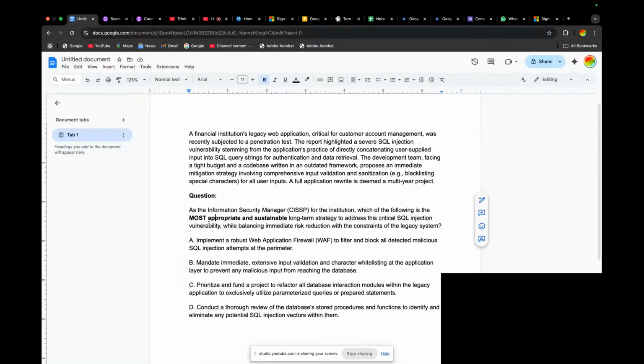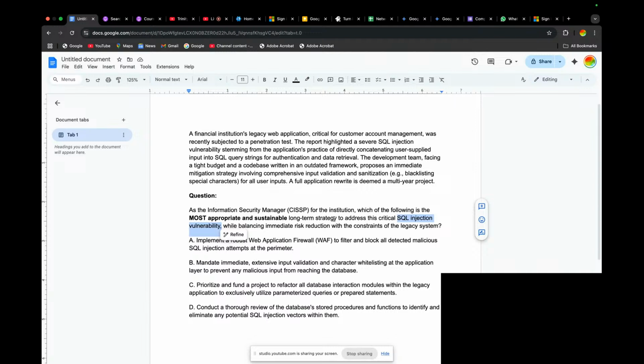Before you can answer this question, you need to know what an SQL injection vulnerability is. Well, when you visit a website, whatever input you enter goes to that website's database.